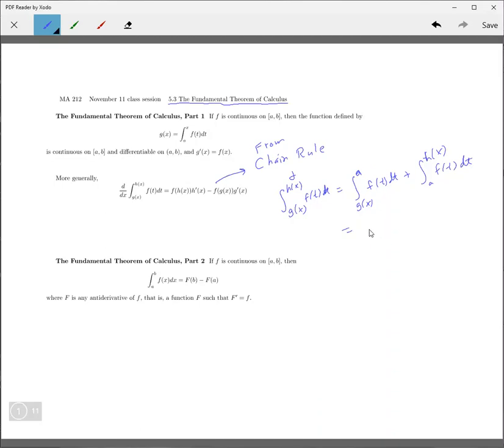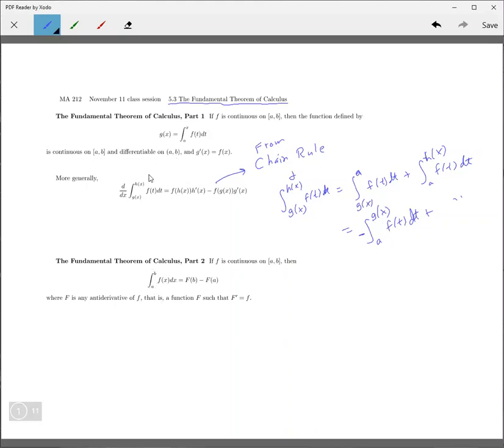And the first one is equal to the negative of going from a to g of x. So if you reverse the order of the limits, you get the negative of the corresponding integral if you integrate backwards.